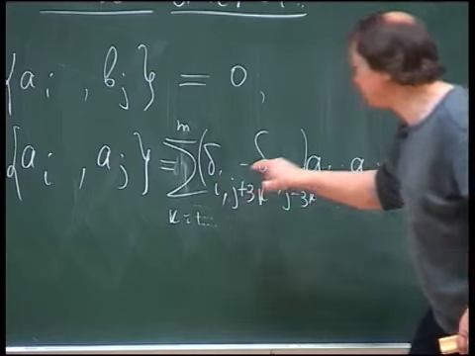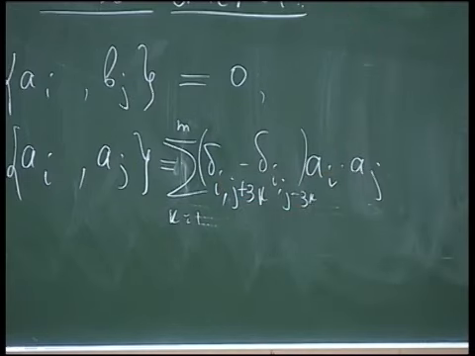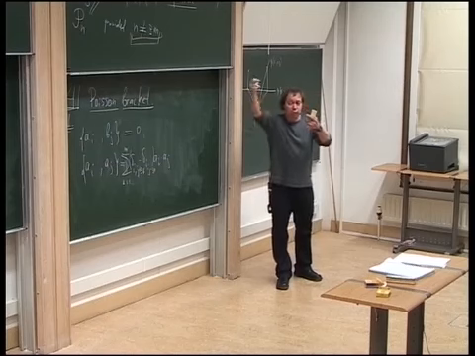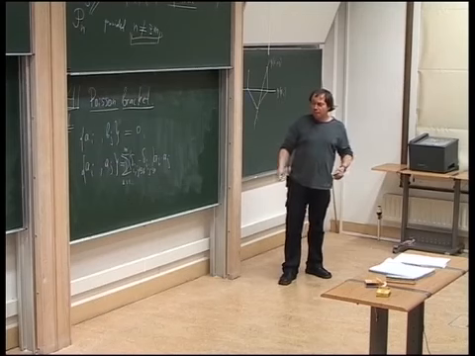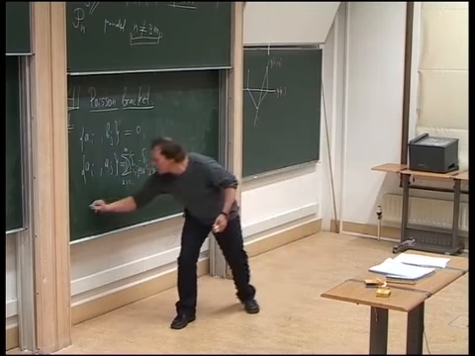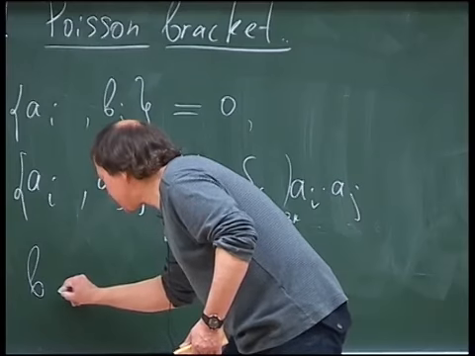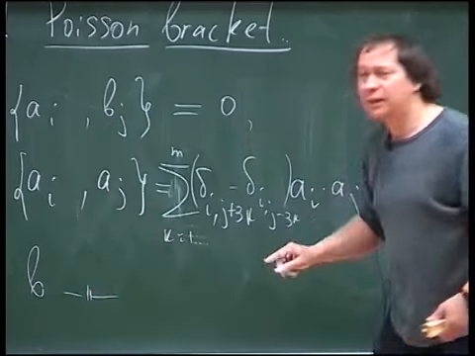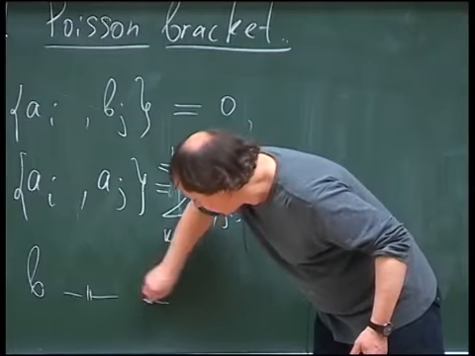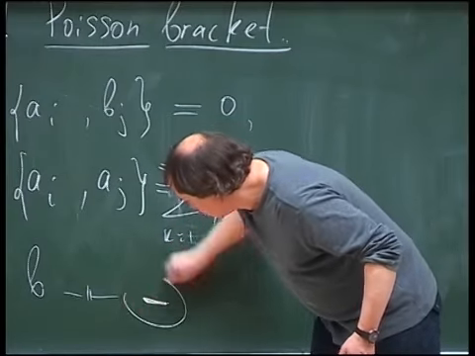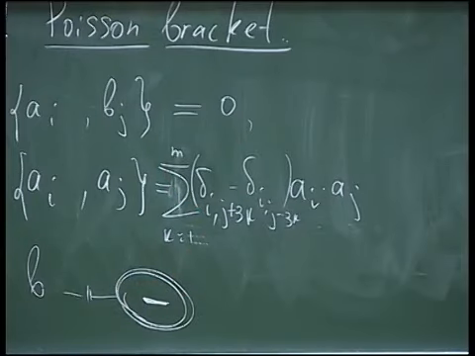So we have this cyclic sum, and it is in some sense a non-local expression, because we have to go all around the vertices. And the bracket between b's is precisely the same, but with opposite sign.